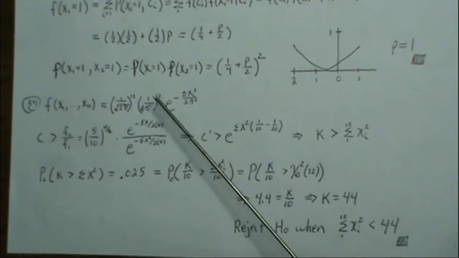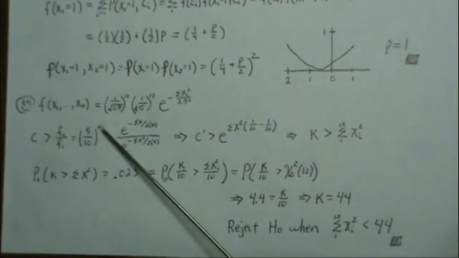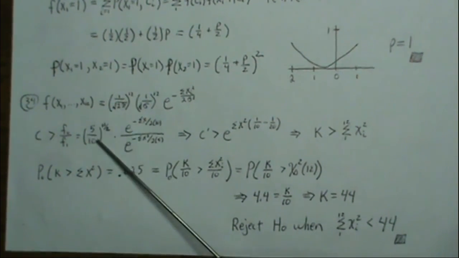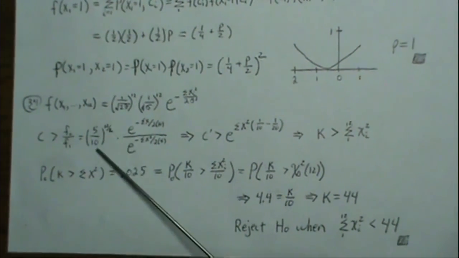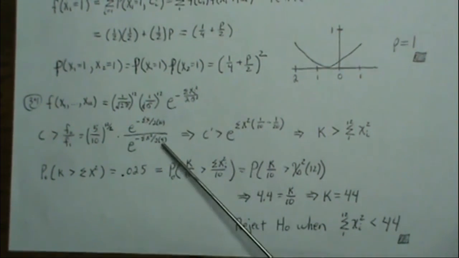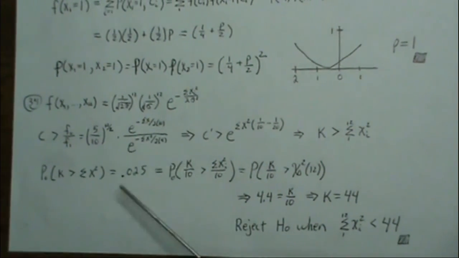Note that it's 12, but I divide by 2 because really those are the variances, and that's the standard deviation there. So we have to take the square root of that, and then we plug in 10 and 5 for the variance, and we get this.